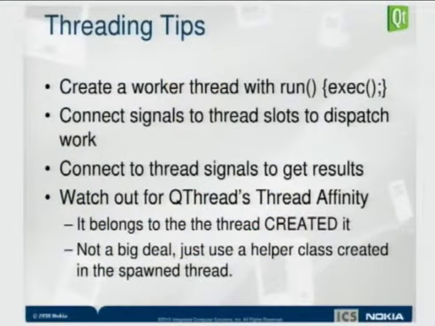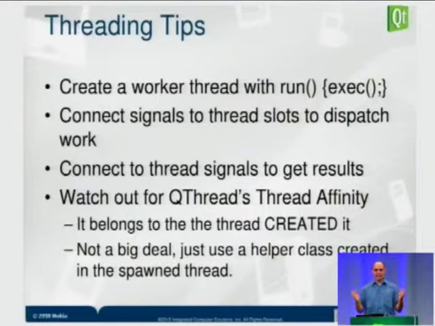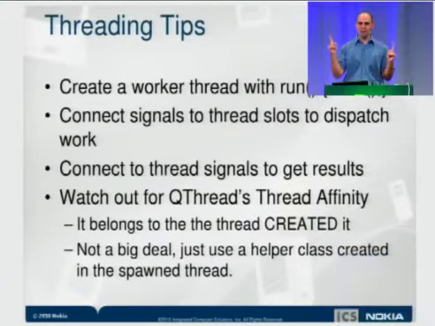There is one serious caveat when it comes to using cross-thread signals and slots, and it has to do with QObject thread affinity. What happens is that when you create a QObject in a thread, it gets encoded into it the thread in which it was created. And it is going to use these thread pointers when it decides whether it's going to be a direct connection or a cross-thread connection.